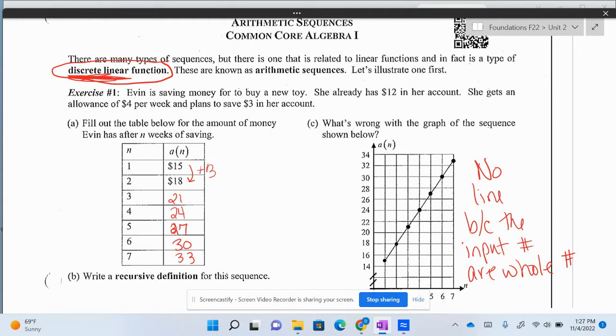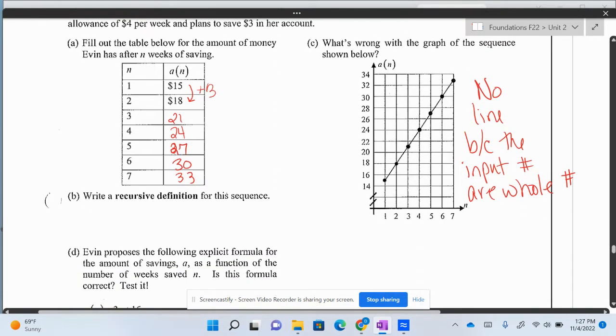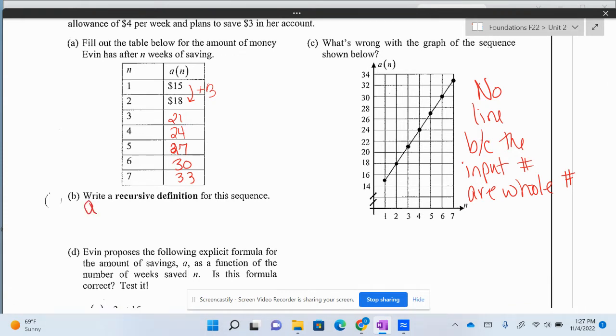Leave them as points. So we have to write the recursive definition, which is what we did yesterday. The recursive definition. So remember, to write the recursive definition, we always need the first term. What's happening first? I'm going to put a little note that says, don't forget, first term. So what's the first term? It's 15.